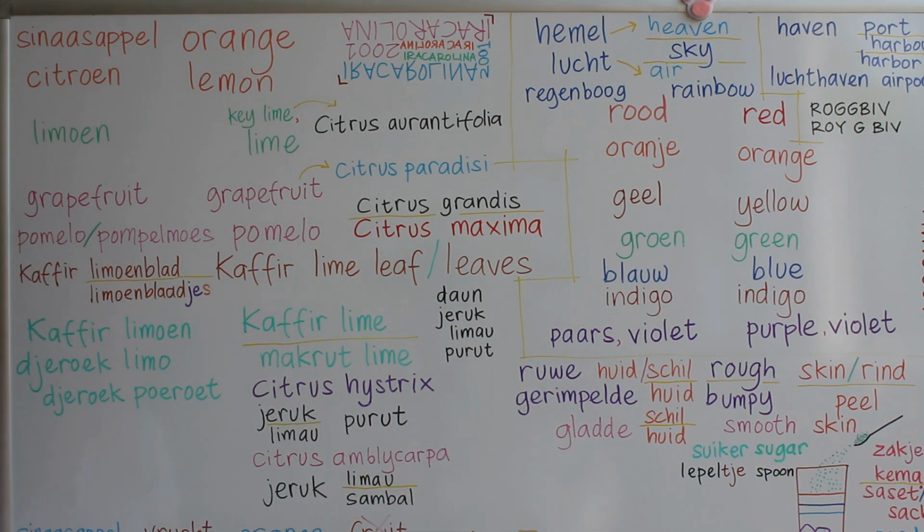For the skin itself you can say hout, or for orange skin you can say schil, or peel, schil. Or you can also say gerimpelde hout or schil. Hout is skin, schil is peel, gerimpelde is wrinkly.